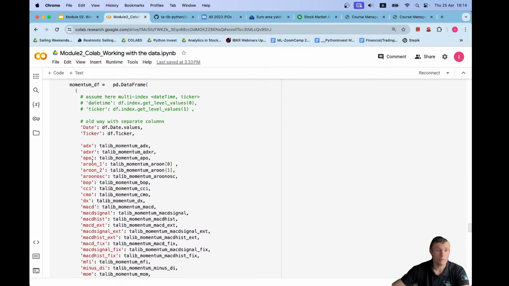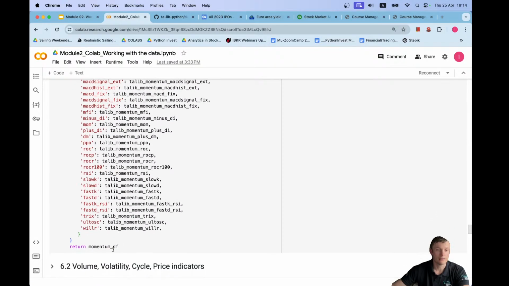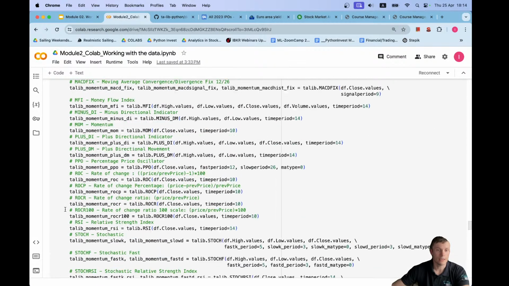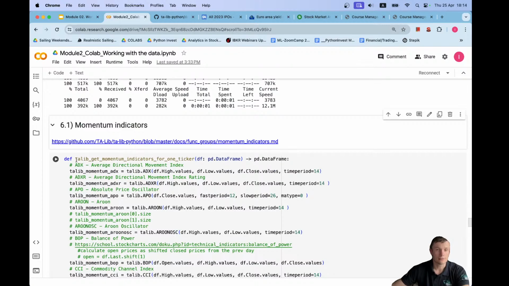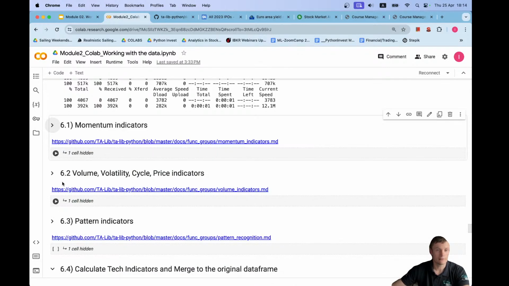So that's momentum df, and I return momentum df as a result of this function. So I send data on all daily prices for one ticker, and I get all momentum indicators for this one ticker. Same idea for volume, volatility, cycle, and price indicators.